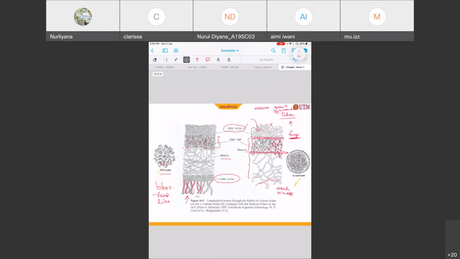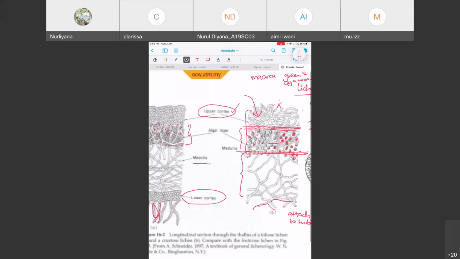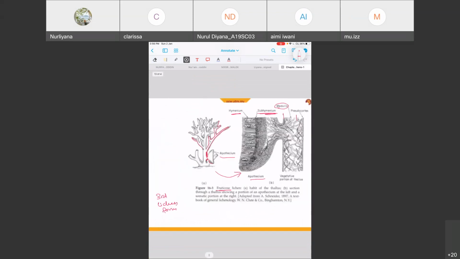Crustose cannot be tightly packed, but this one can be. Maybe this diagram is meant to show the presence of the algae located in between the cortex. So who can answer, where is it here?